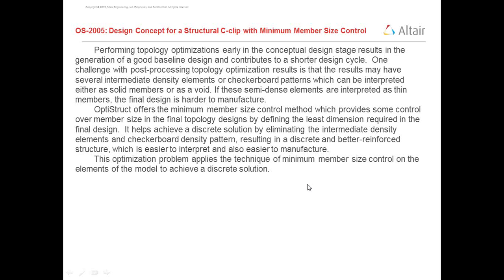So OptiStruct offers a minimum member size control method which provides some control over member size in the final topology design by defining the least dimension required in the final design. It helps achieve a discrete solution by eliminating the intermediate design density elements and checkerboard density pattern, resulting in a discrete and better reinforced structure which is easier to interpret and easier to manufacture.